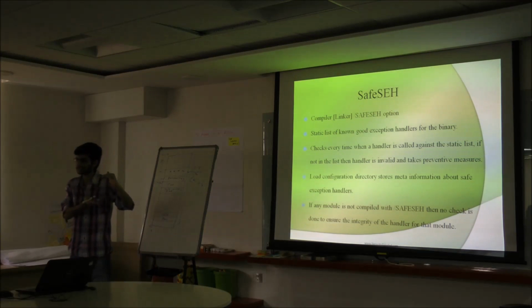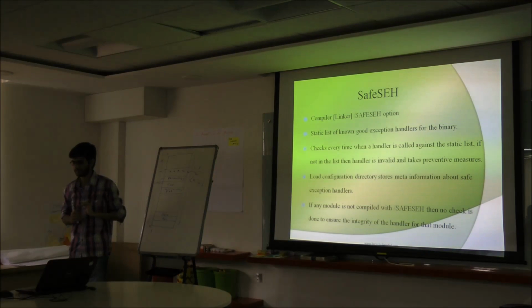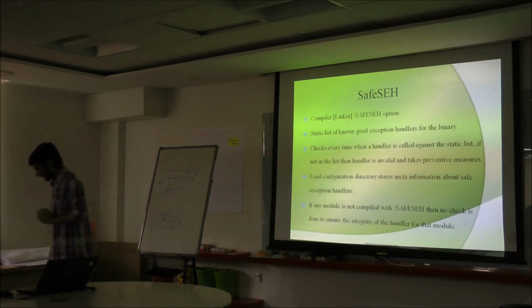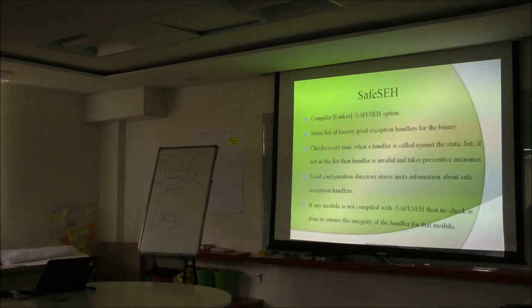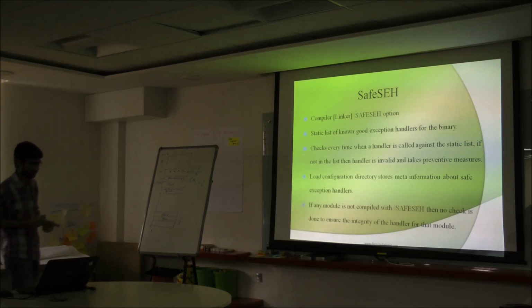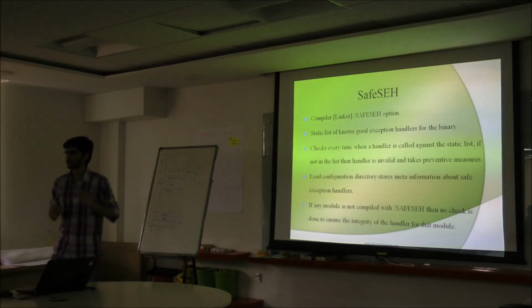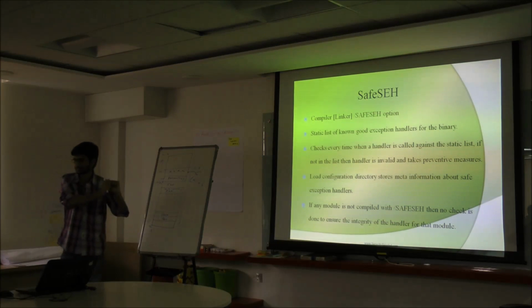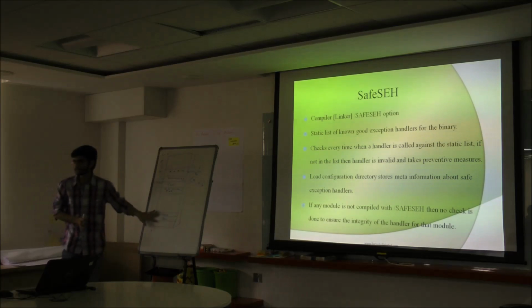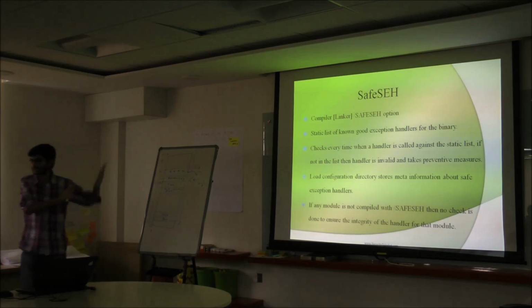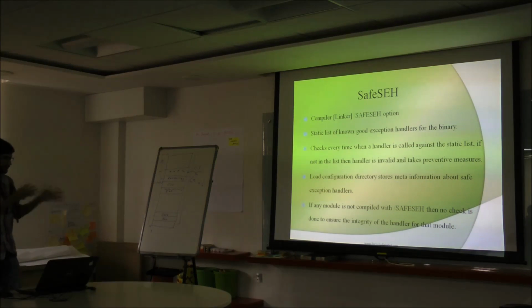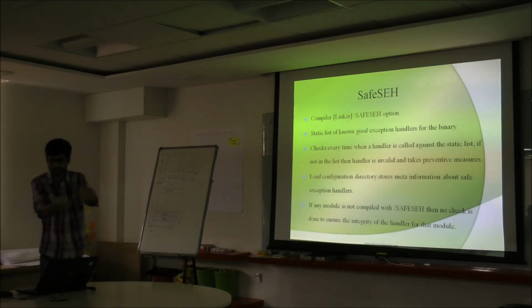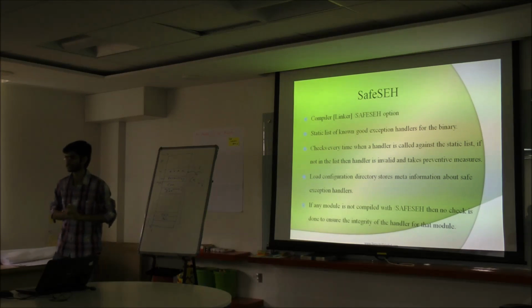So whenever you execute an exception handler, you check it against that static list. Because we overrode it, our address is not in that list, and that failure terminates the application.